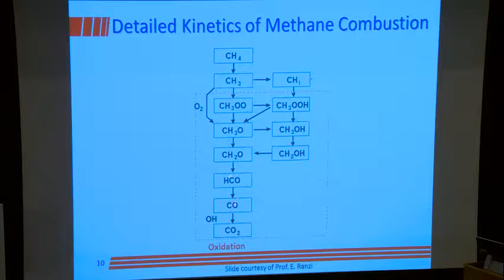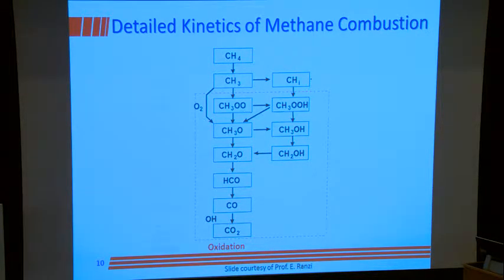Then that gives formyl radical, it gives CO, and that oxidizes to CO2. Okay, at lower temperatures, methyl radical can add to molecular oxygen to give methyl peroxy radical that can form methyl hydrogen peroxide that gives methanol and then methylene hydroxide. Okay, so this is, we'd say, the oxidation mechanism for methane.